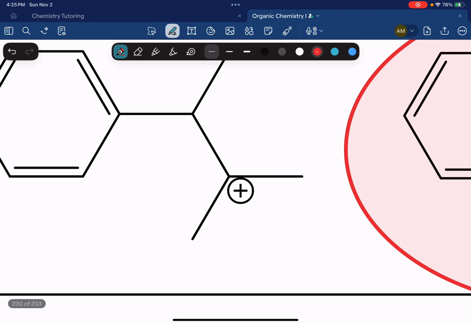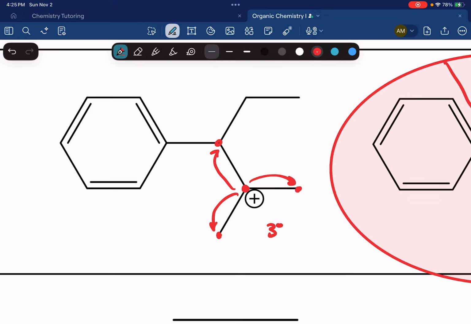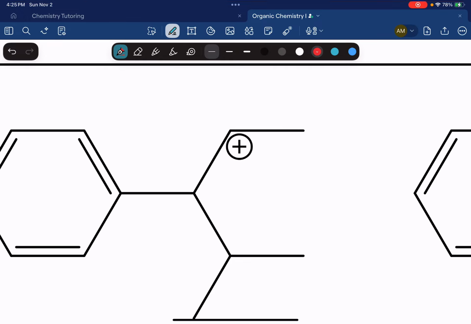What is this? Tertiary. We're looking at this carbon here, and it's connected to 3. Good job, guys. What is this one? Secondary. Good job. Connected to 2 carbons.